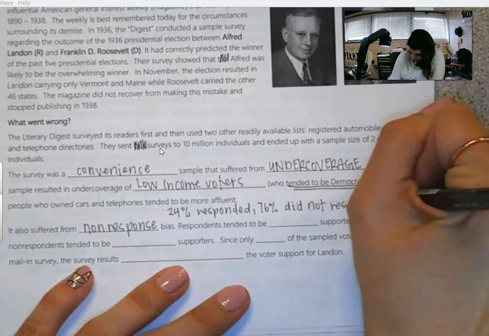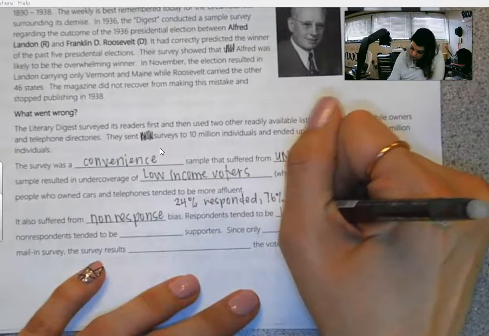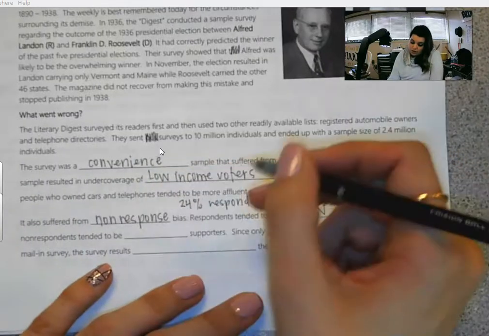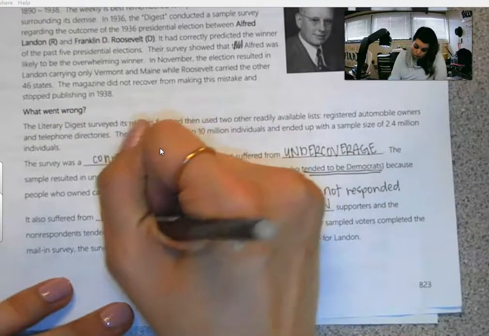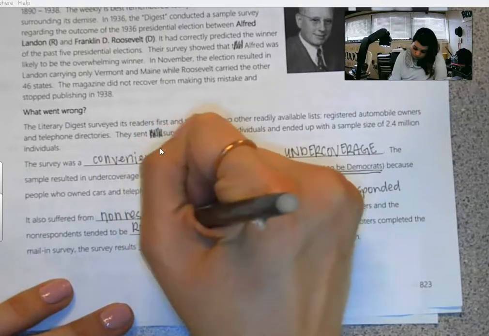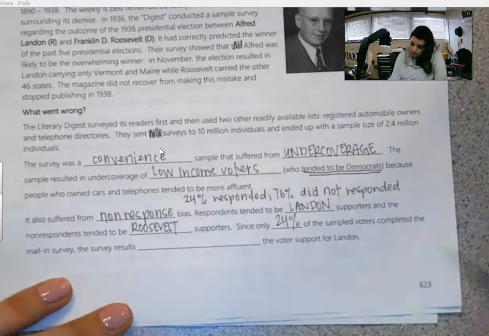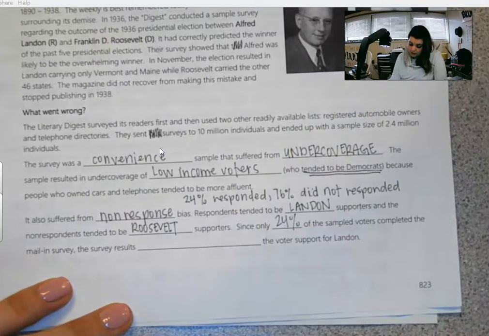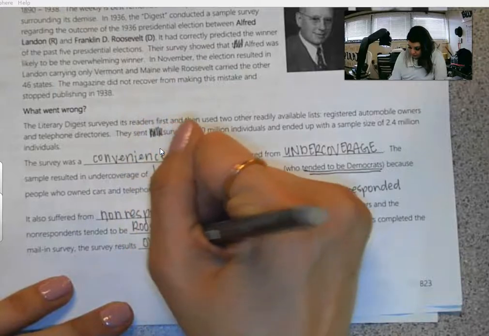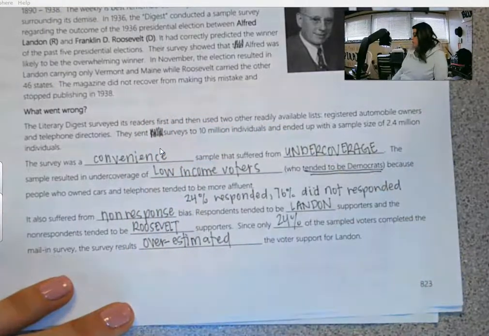And it turns out respondents tended to be Landon supporters, whereas the non-responders tended to be Roosevelt supporters. Since only 24% of the sampled voters completed the mail-in survey, the survey results grossly overestimated the voter support for Landon.